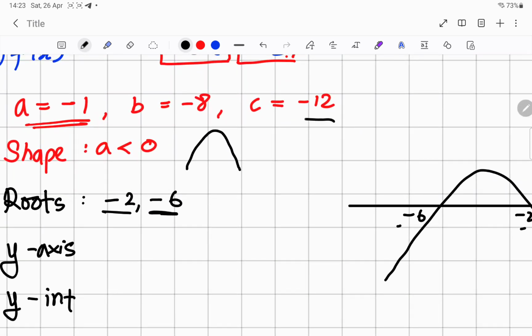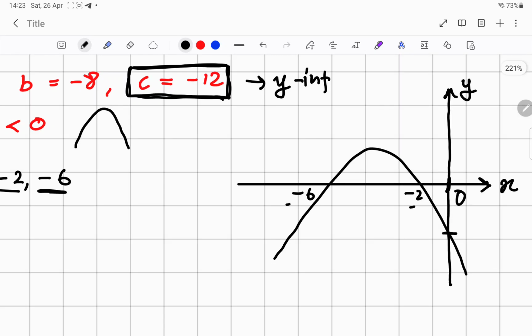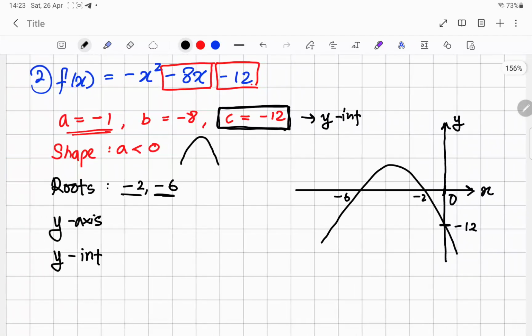The y-intercept refers to the value of C. So label on your graph where it cuts the y-axis: here is -12, the y-intercept. So that's all for this graph.